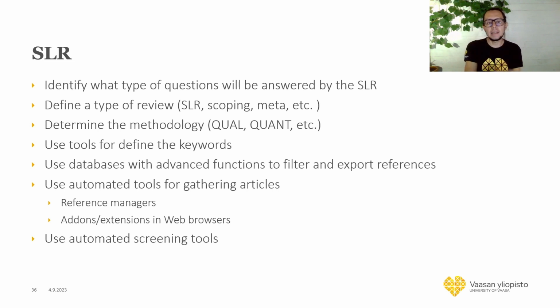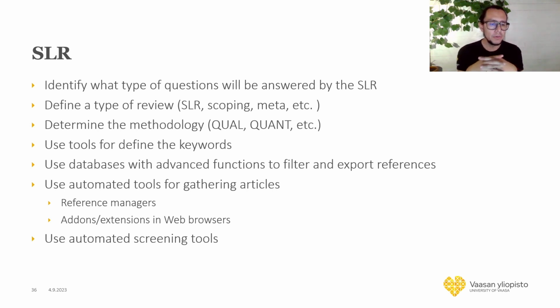And depending on that, you need to define the methods and the tools, the selection process, how you're going to select the keywords depending on the research questions, the variables that you want to analyze, and also the databases.